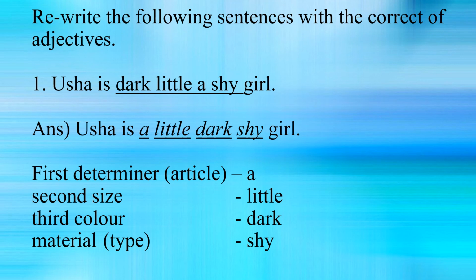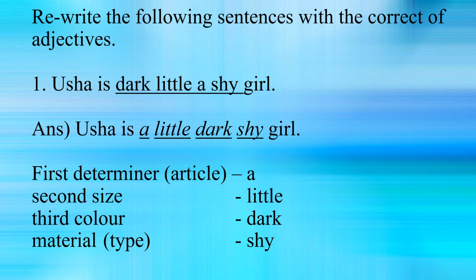So let us go through one more example for better understanding. And it is again about Usha only. Usha is dark, little, a shy girl. Again, here are the words underlined.